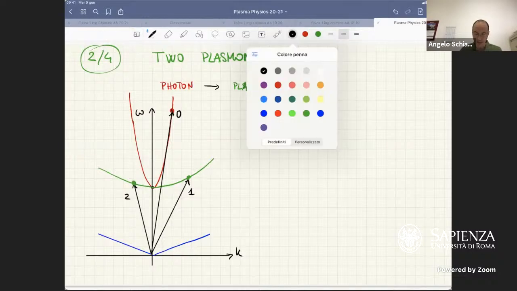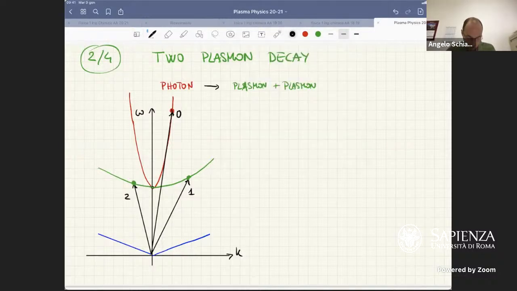And the parallelogram rule assures that we have both energy and momentum conservation. So you see that in this case, the omega of the laser has to be of the order of, and higher than, twice the plasma frequency.